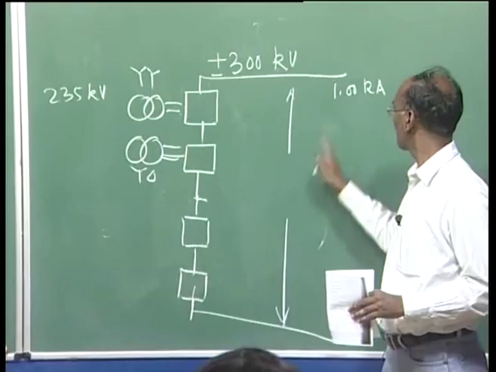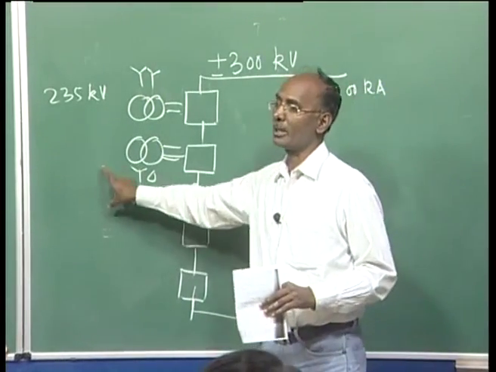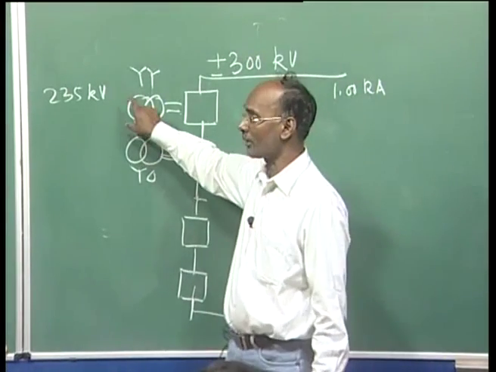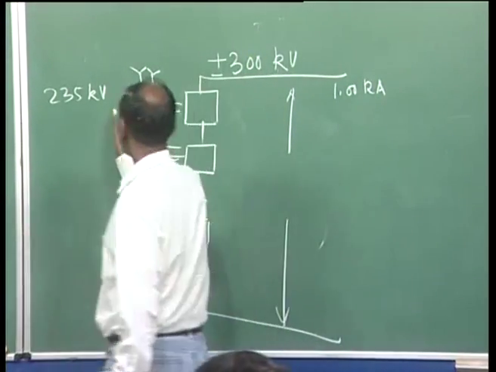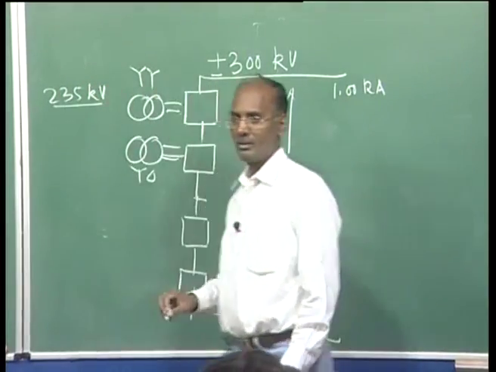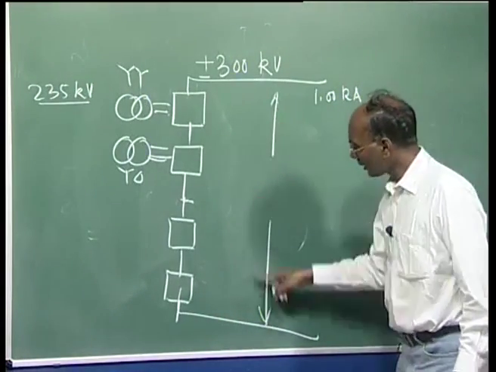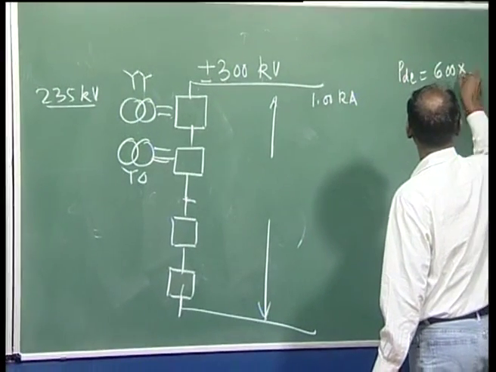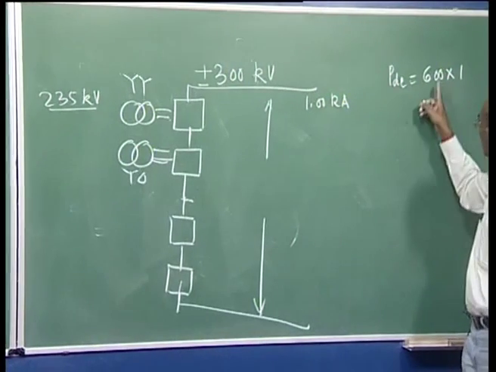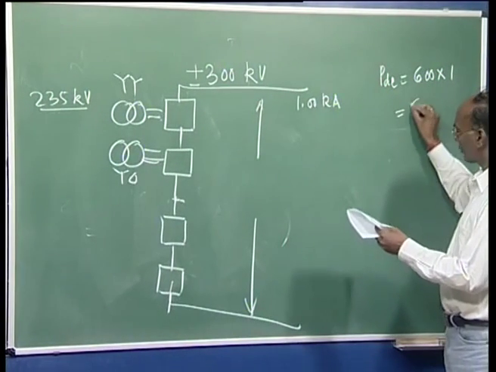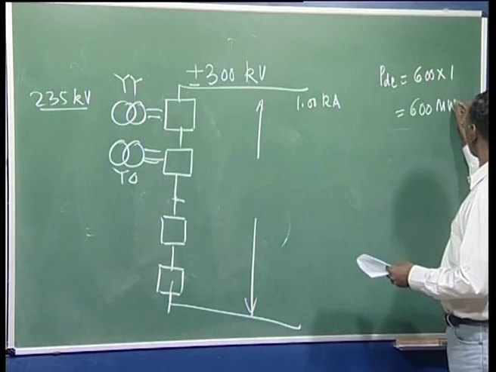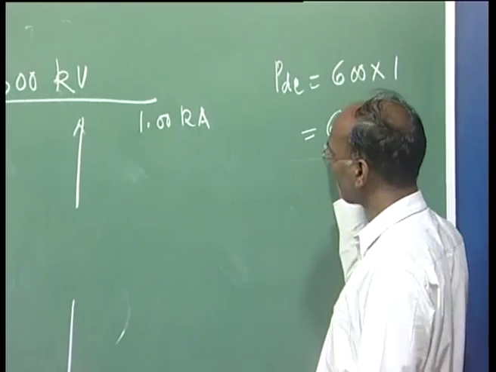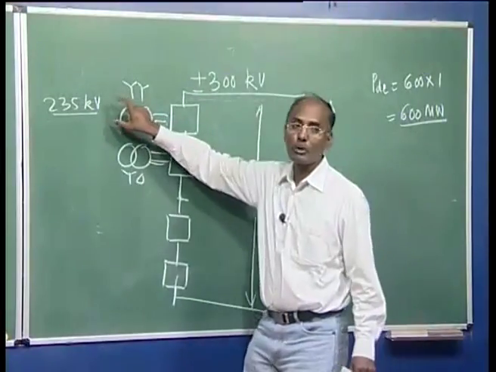So, it is 600 kV multiplied by 1 kA. This total power means PDC. It is your 600 multiplied by 1, this is in kV and this is in kA, so we are having 600 megawatt. Now, 600 divided by 4 will be the power coming in each bridge, as all are sharing the same power.